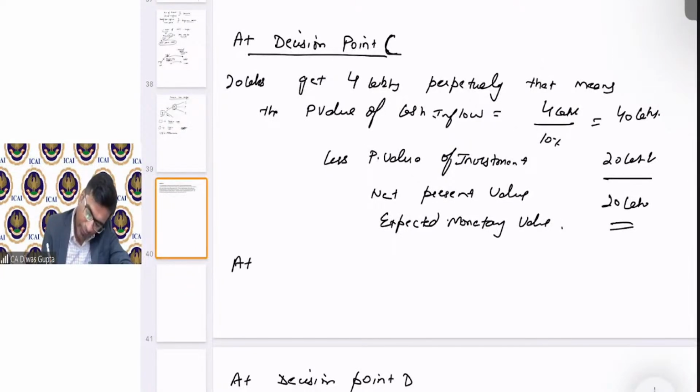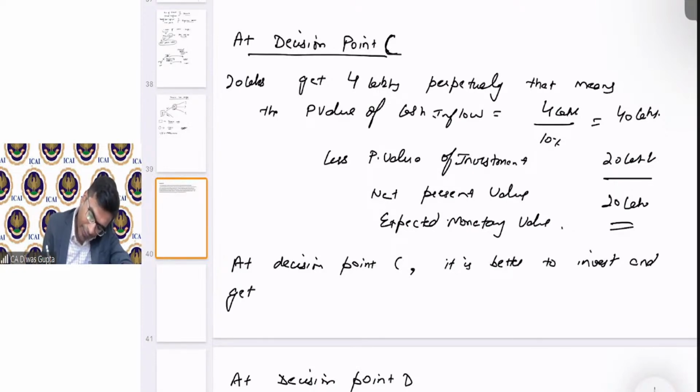At decision point C, it is better to invest and get an annual inflow of rupees 4 lakhs. Okay.